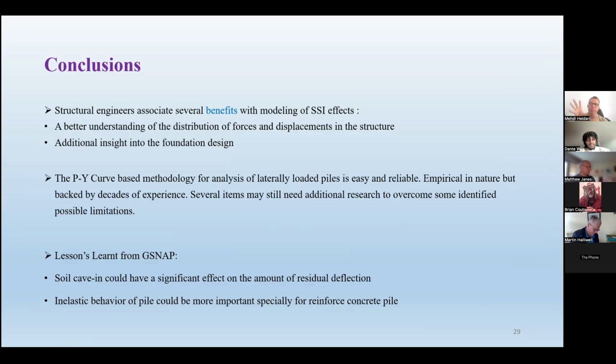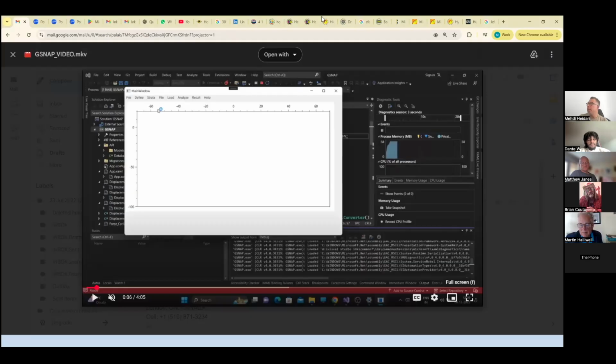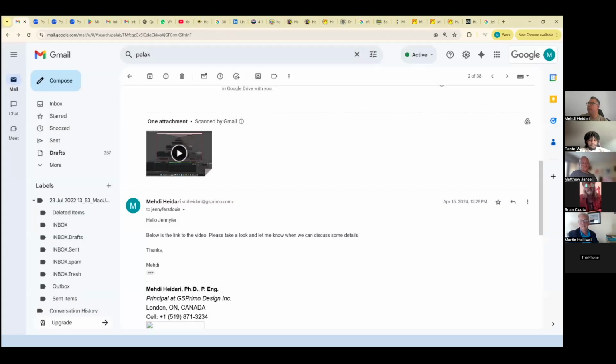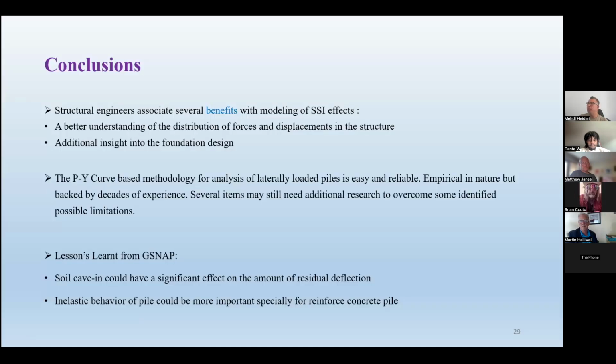MATLAB is the greatest tool for validating results, but not the best for developing software. We used C# for developing the interface, and this is what we have been working on for the past few years. I can probably show this.